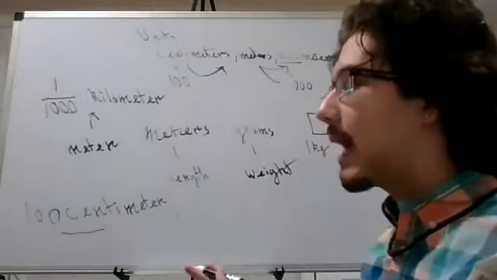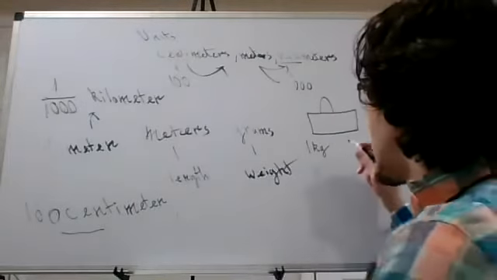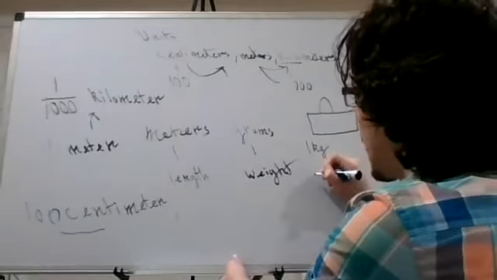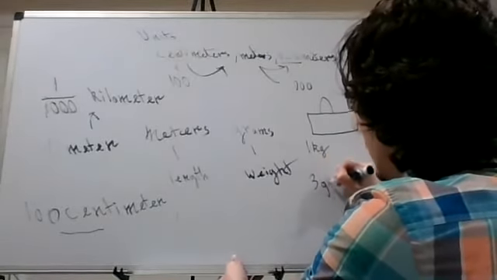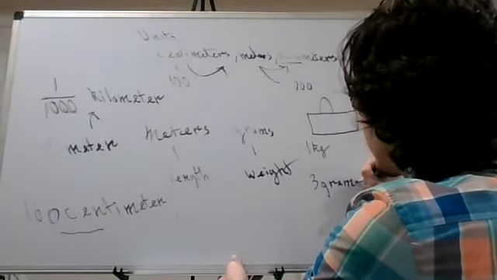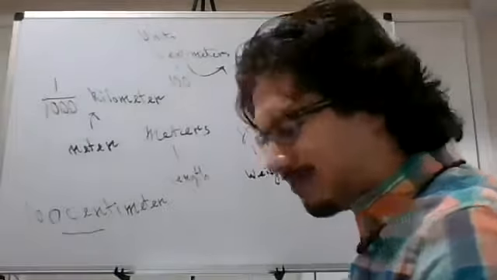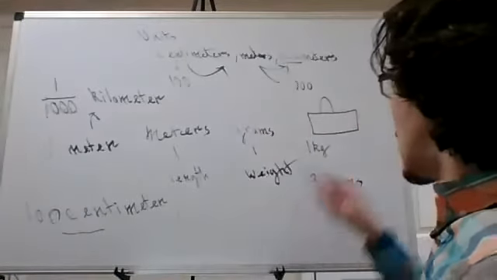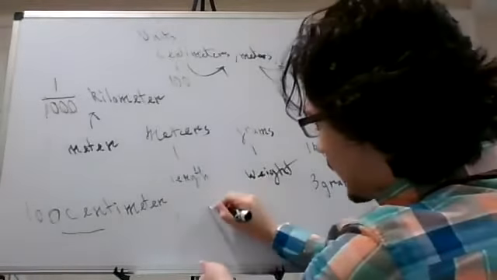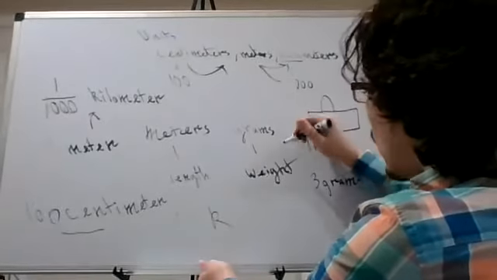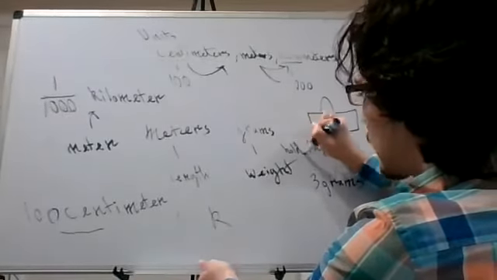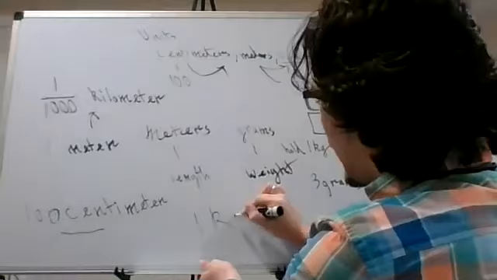And let's say you're packing clothes, and we know that each of your clothes is roughly equal to 3 grams. Now, in our example, we cited that our suitcase can hold 1 kilogram.